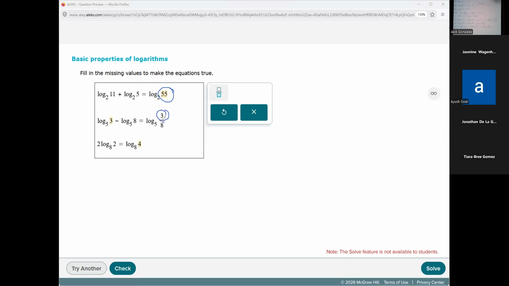This and this are coming from the subtraction, right? That's the difference or the quotient rule. And then this one goes here, which makes it a 4. Any questions on number 2?